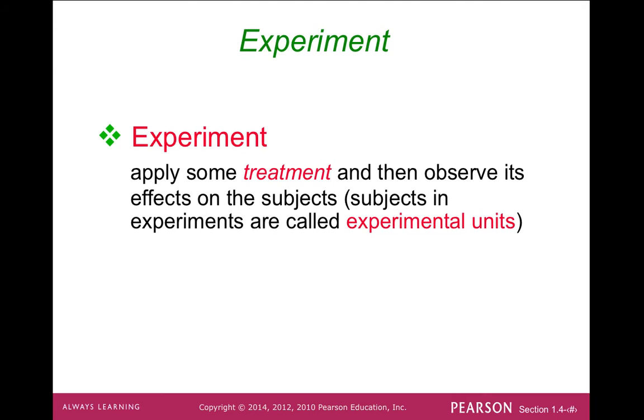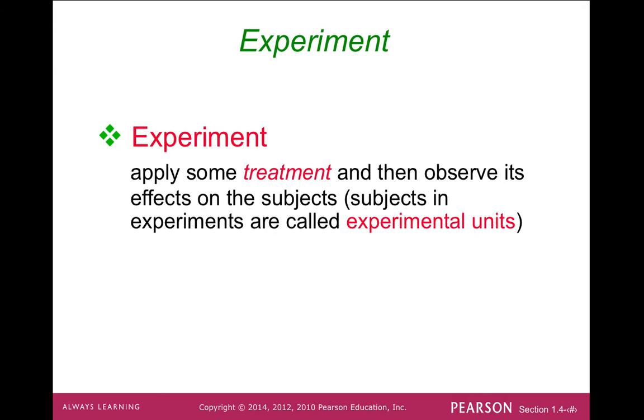In contrast with that is an experiment. In an experiment, the researcher applies some type of treatment and then observes its effect on the subjects. Subjects in an experiment are called experimental units, although not the nicest way to refer to people. So, for example, oftentimes in drug studies, you will have some people in the study that take the medicine and some people that take a placebo.